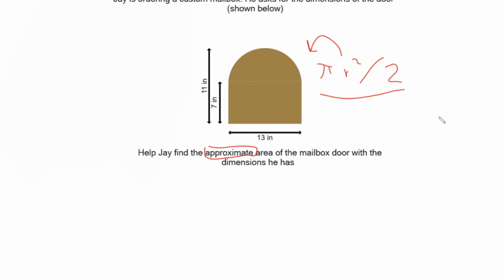Actually no, I mean 49 divided by 2, and then we have to do pi. So 49 divided by 2 is 24.5, and then pi we have to multiply, so 3.14 as pi, and so that equals 76.93.